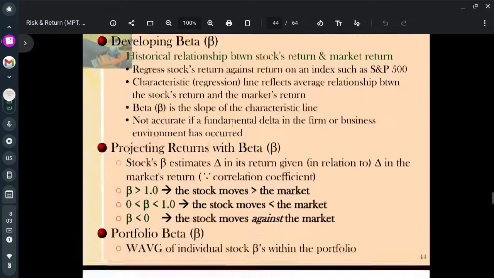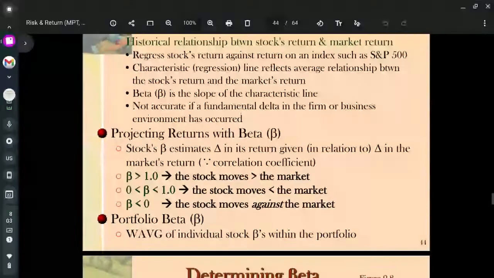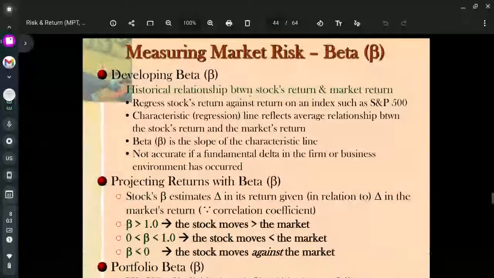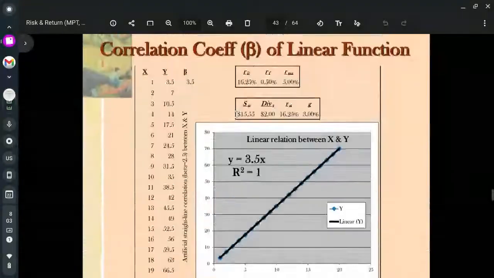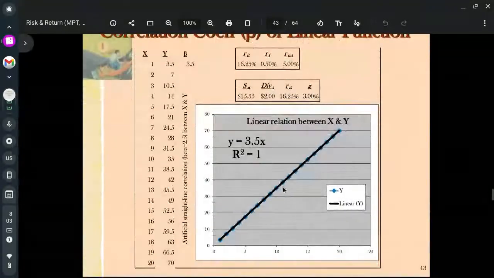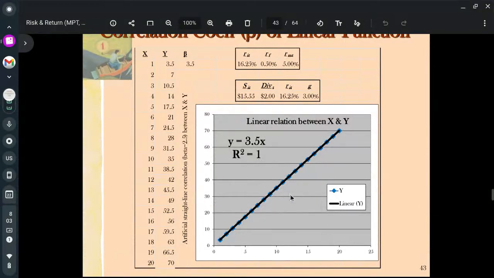So in beta, the correlation runs from the market to the individual stock. Market is X, individual stock is Y. So think about it. This is a typical example of a correlation coefficient of 1, in other words, beta is 1. I'm sorry, in this case, beta is 3.5.